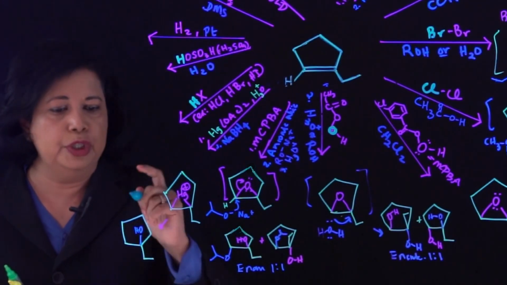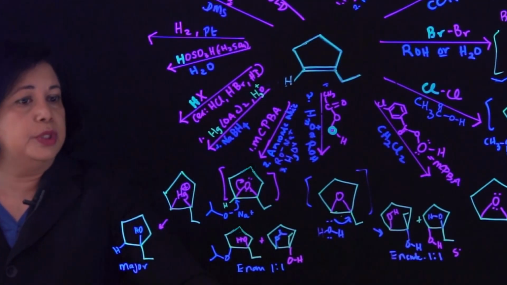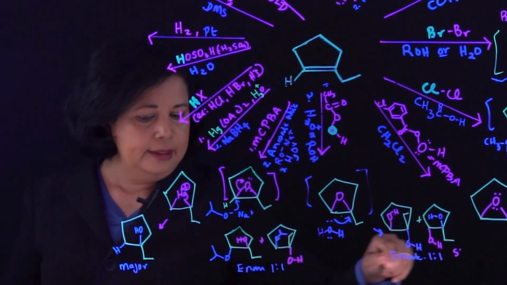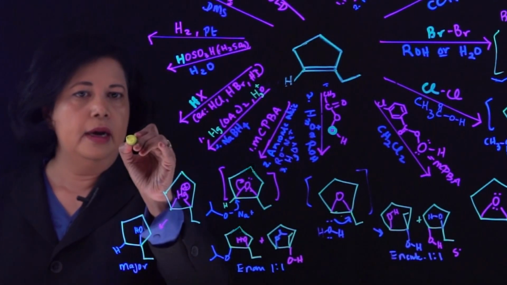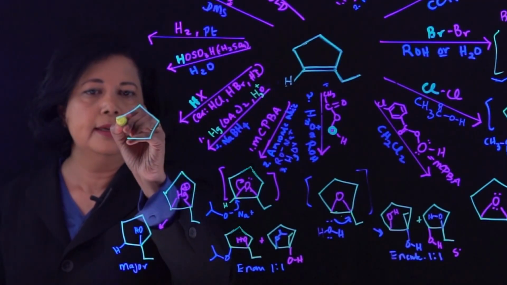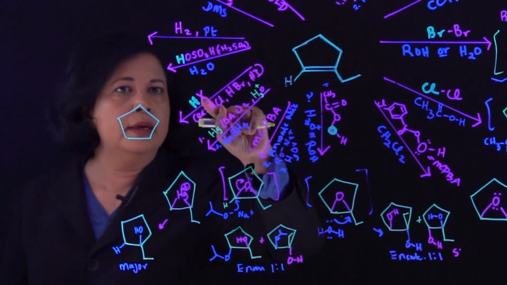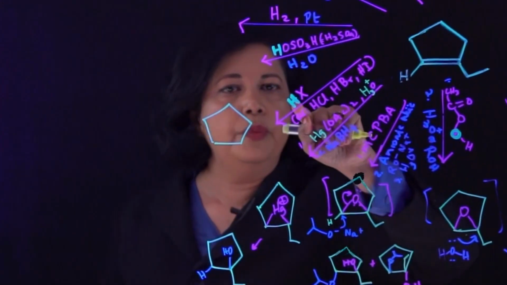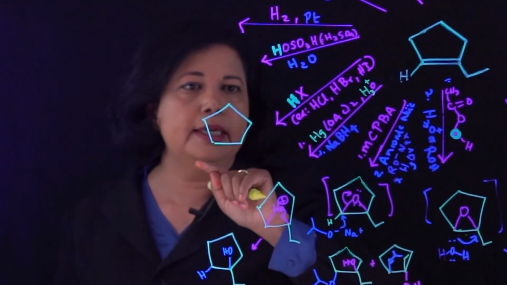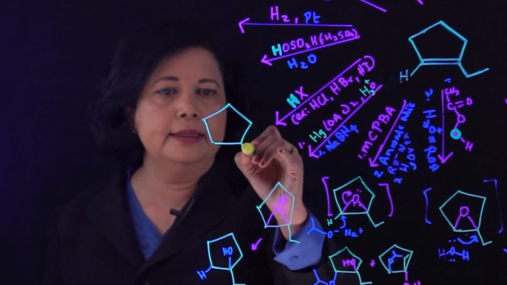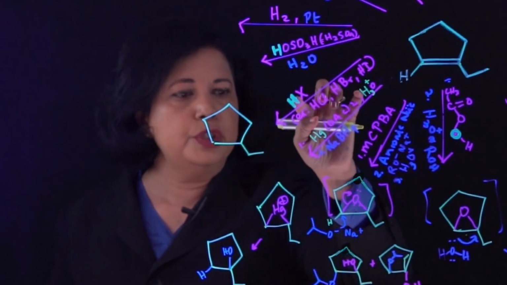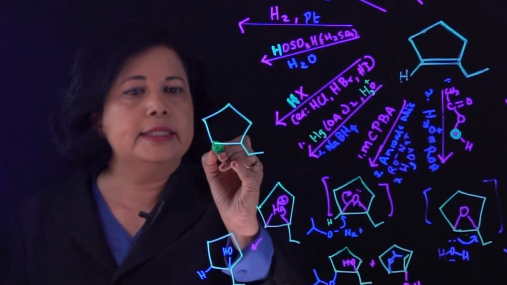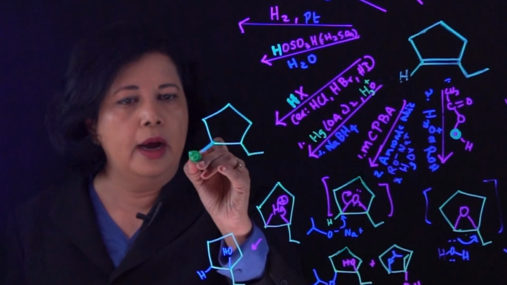All right, let's look at something where we don't have a syn. Let's look at this, where we have an HX. So your double bond is going to get pulled up by the electrophile here, and you'll get a carbocation. Here your hydrogen would go to the carbon that's got more hydrogens.